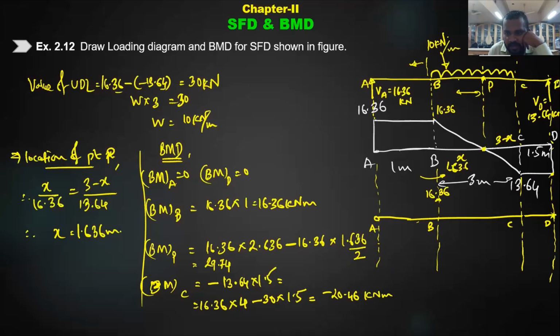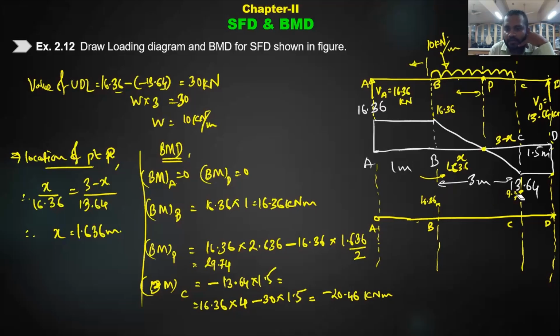C पे है 29. Okay, sorry, तो थोड़ा ऊपर बनाना चाहिए था. Let me take this point downward. इसको लिखता हूँ 16.36. ये हो जाएगा 29 point something. 29 point कितना है वो? 74.